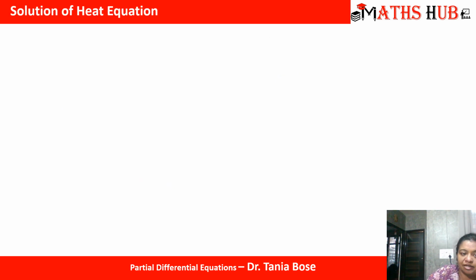So the third part is when k is negative. So we will get the first equation as x double dash by x is equal to minus p square, and we will get 1 by c square t dash by t is equal to minus p square. So x double dash plus p square x is equal to 0. So we will frame d square plus p square into x is equal to 0.